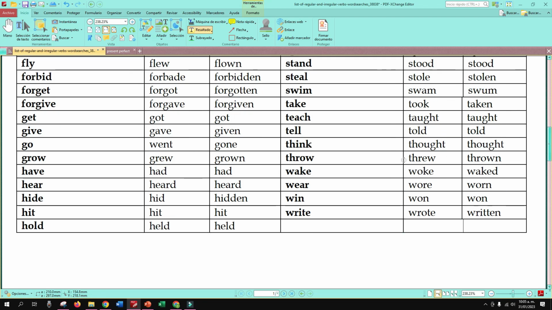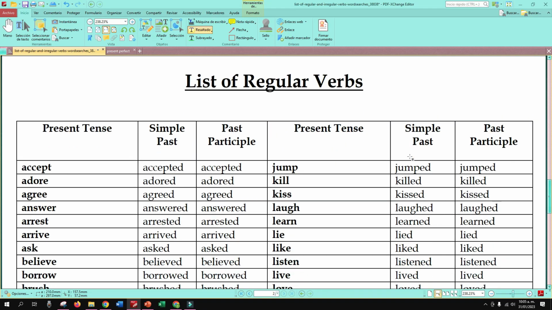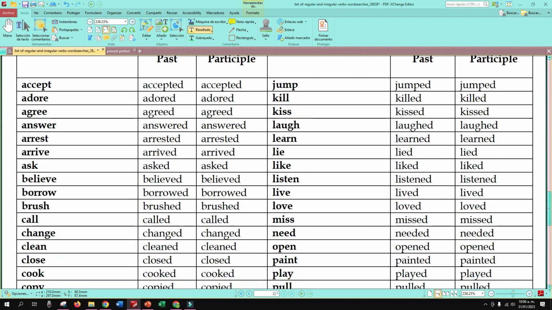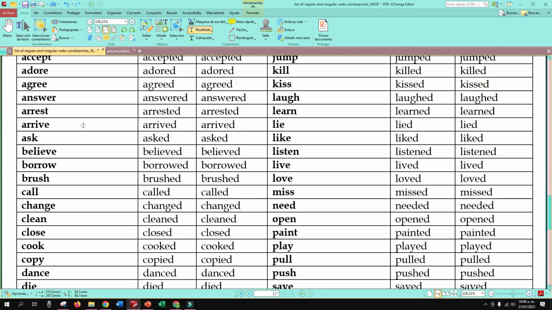That's another one. So also you have the list of regular ones. Those are easy because you're going to write the ed in the simple past, and in the past participle you always have the ed also. So accept, accepted, accepted. That is almost the same. Arrive, arrived, arrived. Past, arrived. Past participle, arrived.